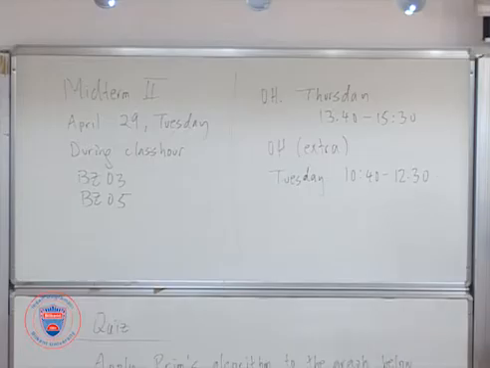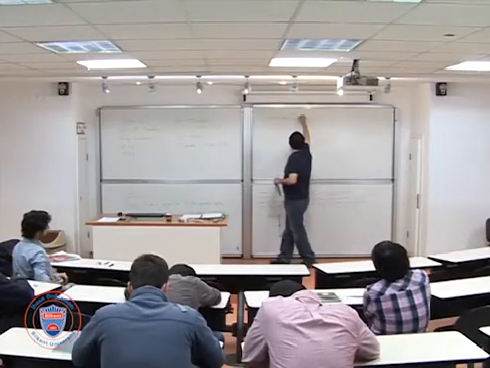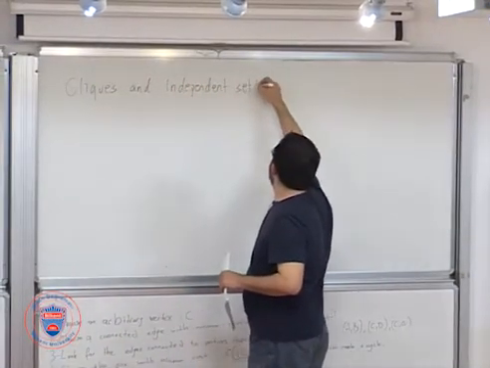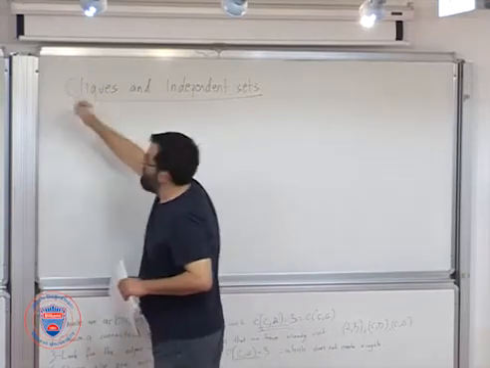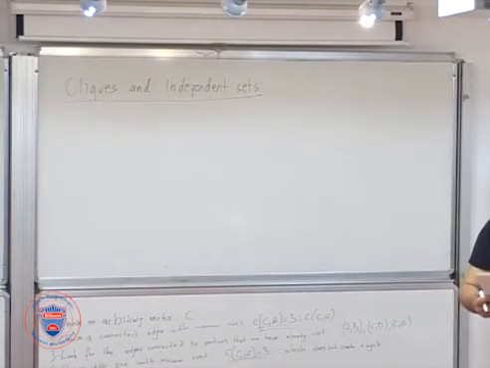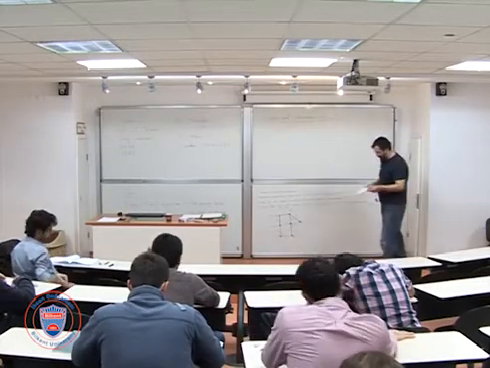Okay, so one of the things we were doing last time, cliques and independent sets. I was trying to get to Turan's theorem, which I stated last time, but I didn't get a chance to explain why it's true.